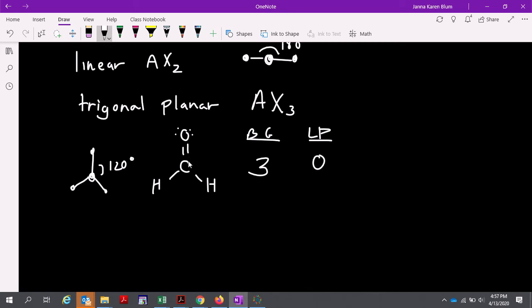And so when I have 3 and no lone pairs, the actual molecular shape made by the atoms itself is going to be the same as the electronic geometry, and you're still going to get trigonal planar. So if I was to sketch out what formaldehyde looked like, it would look like the drawing that I drew. Like this, with my 120 degree angle. And it's going to be trigonal planar.